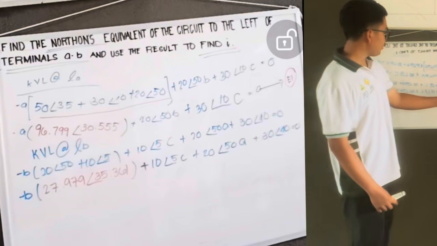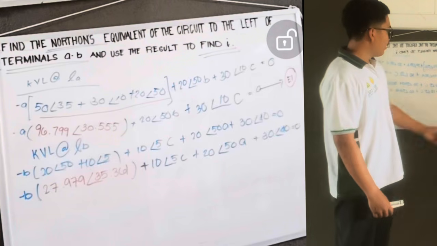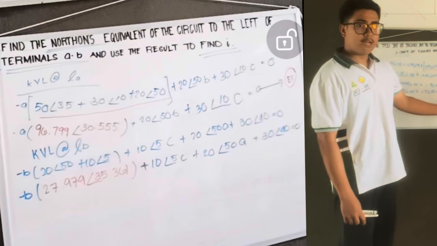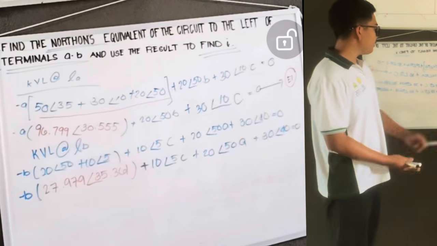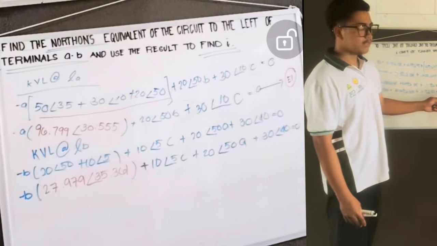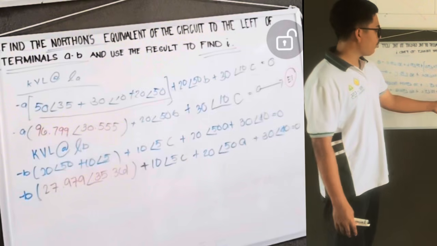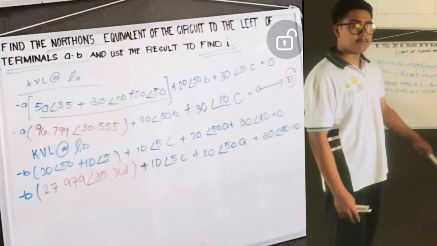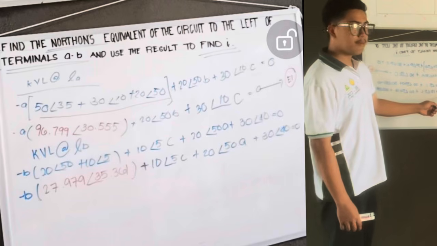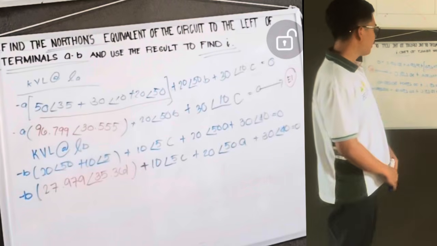Now let's calculate this part. Negative B, the value of 20 angle 50 plus 10 angle of 5 is going to be 27.979 angle of 35.361.